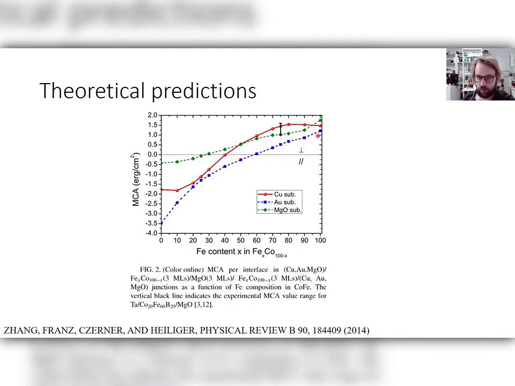And this is one example of such a paper, which showed that this cobalt iron deposited onto a gold substrate can achieve, for some compositions, perpendicular magnetic anisotropy, but it is the smallest anisotropy compared to a copper substrate or MgO substrate.